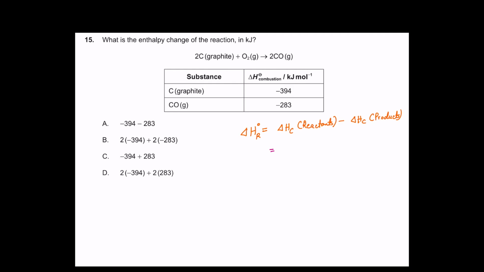So we have graphite and CO only. For graphite, they're in the reactants, so 2 times minus 394 minus 2 times minus 283, sorry. So yeah, I can just rewrite it like this. And option D becomes our correct answer to this question.